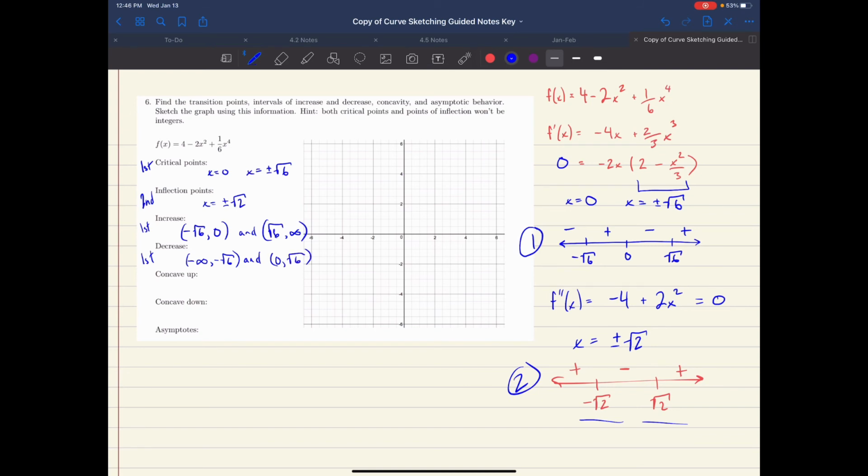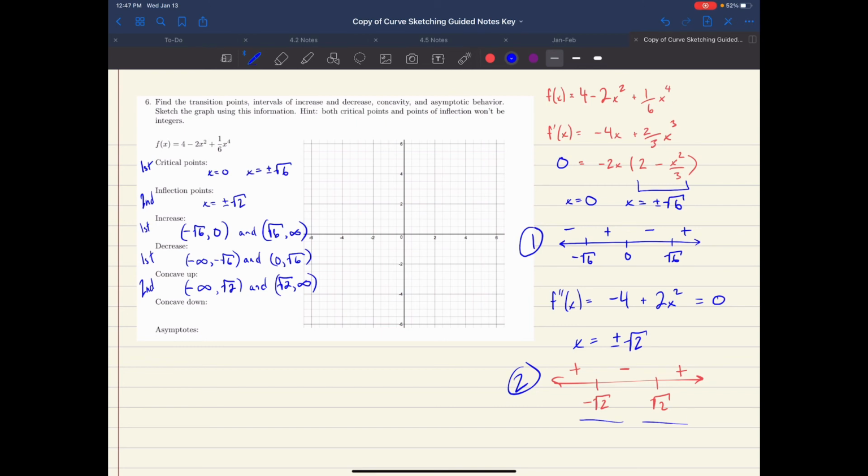Is it concave up or down? This is taken from the second derivative. It's concave up when the second derivative is positive. From that second chart, you can see that it is concave up from negative infinity to negative root 2 and from root 2 to infinity.